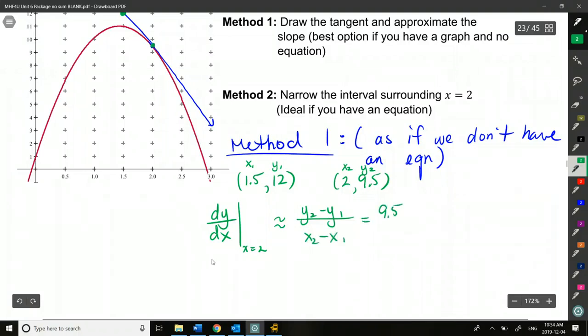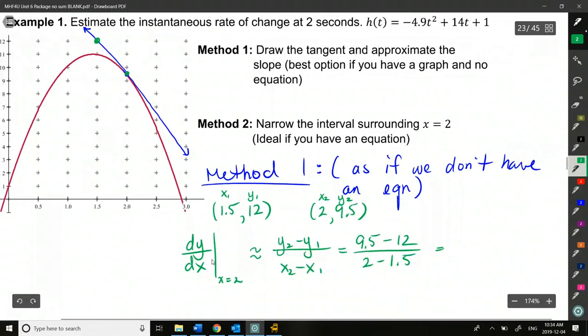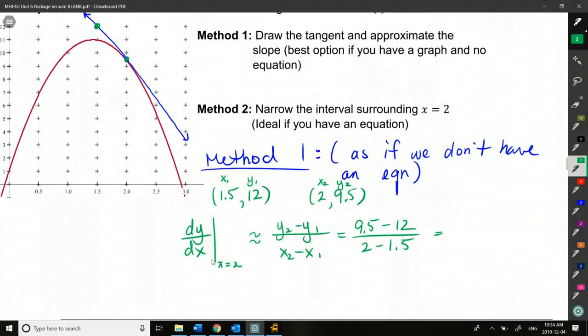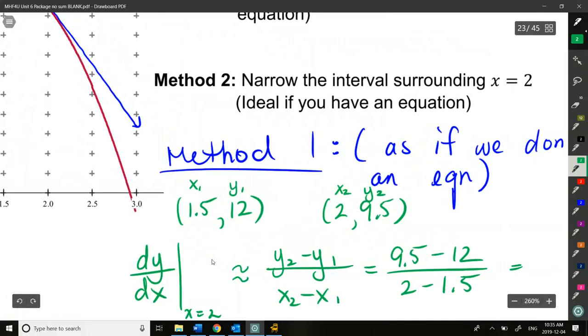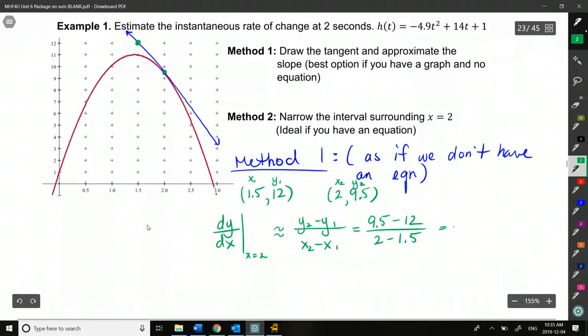So it'll be 9.5 minus 12 over 2 minus 1.5, and we'll find the slope. Exactly? Negative 14? Yeah? Can someone else check that quickly? Oh, I didn't know. Oh, negative 5. Okay, sorry. I think it should be negative 5.